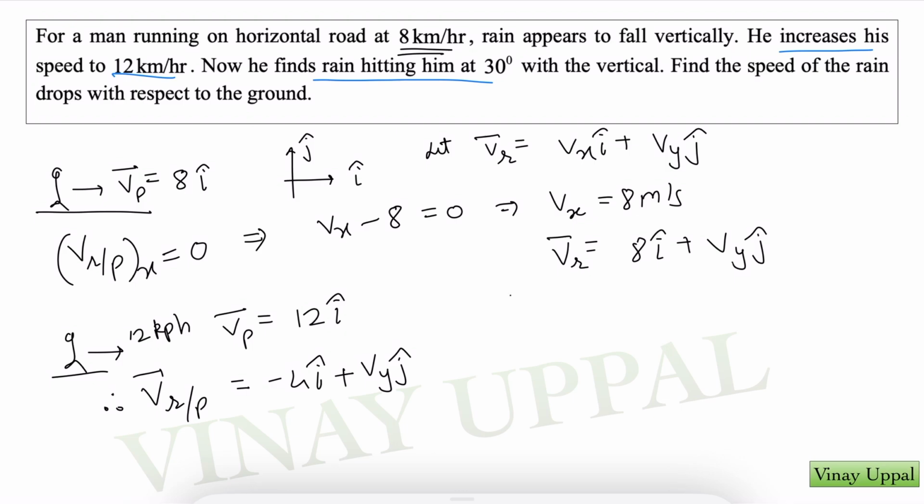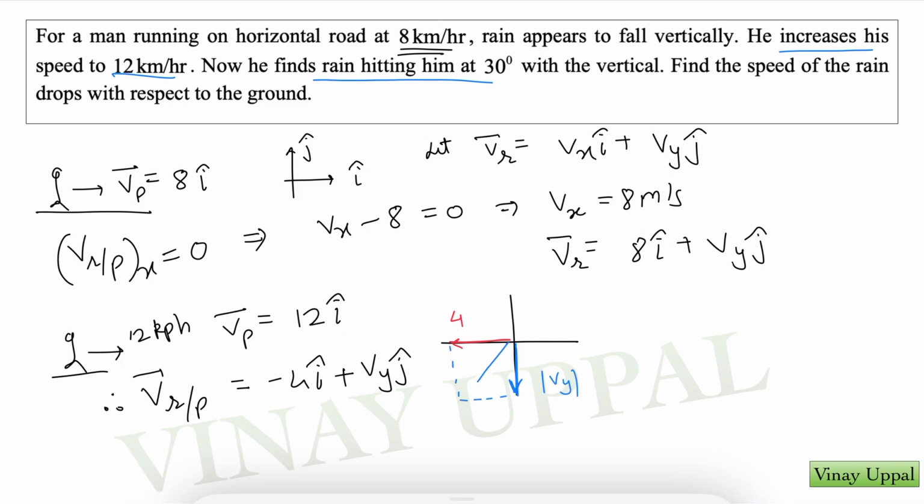Now if I were to just draw this vector, it has an x component of minus 4, so 4 to the left. See, I know this Vy will be negative because I know that the rain is falling downwards. I've taken upward as positive j cap. So let me just write the magnitude of the vector as mod Vy. I know it's going to be in the negative direction.